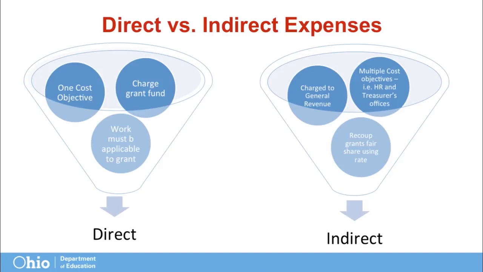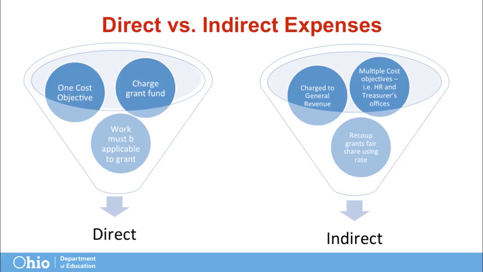Grantees must be able to demonstrate all direct expenses are for work applicable only to the grant. On the other hand, there are behind-the-scenes or indirect costs grantees incur in managing a grant. Indirect expenses normally are not as easy to track to a particular grant as a direct expense.